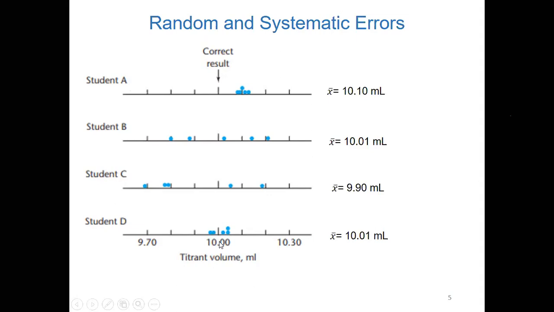Just imagine it is an acid-base titration, and the base required is 10 milliliters. So that is the correct value.